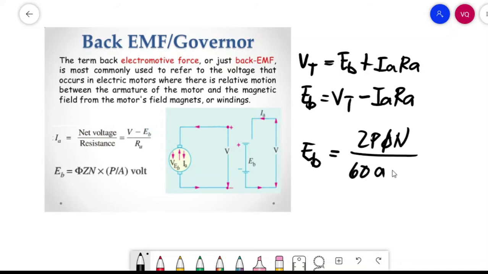A is the parallel path. It can be lap or wave winding. For lap, A equals mP. For wave, A is 2m, twice the multiplicity.